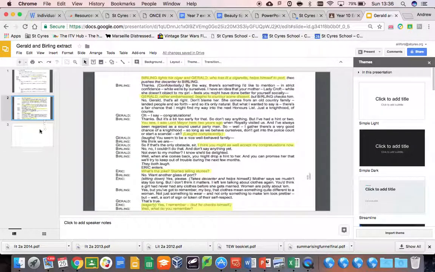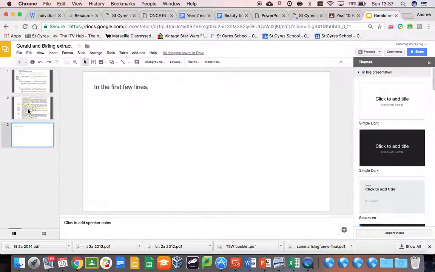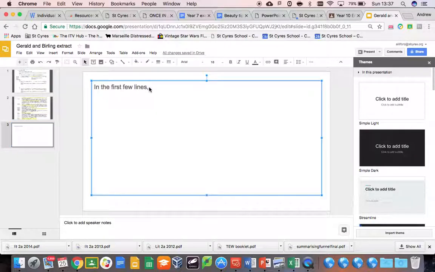So in the first few lines, if we go back to the question, this is how. So what techniques does J.B. Priestley use? In the first few lines, Priestley uses stage directions to show how at ease Birling and Gerald are.